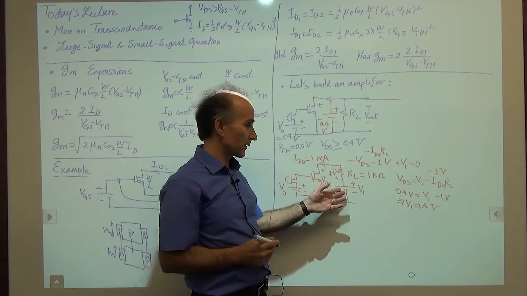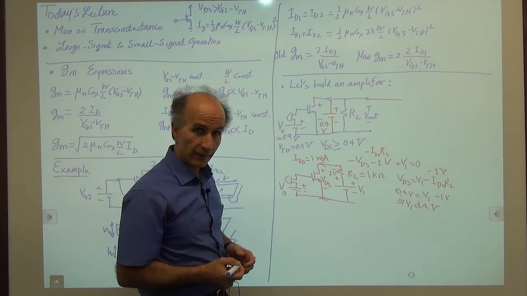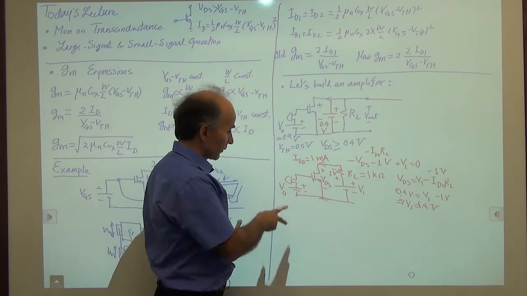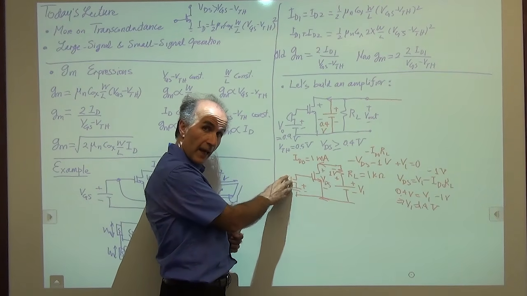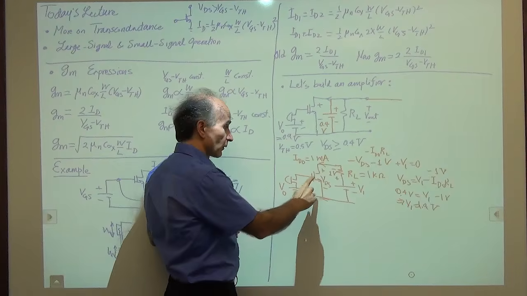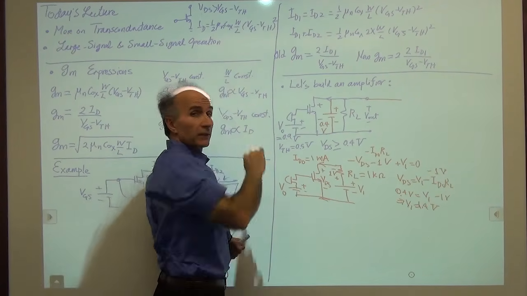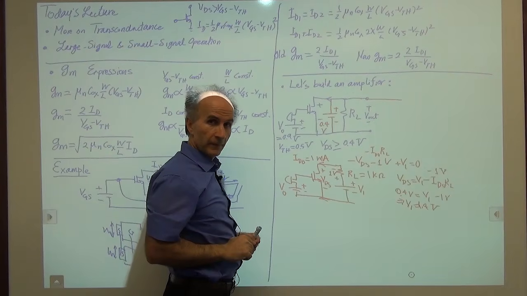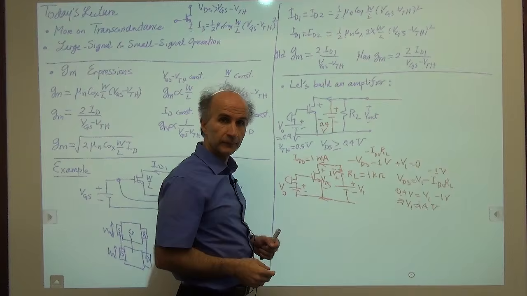All right, so this allows us to provide this proper biasing. So proper biasing of a MOSFET requires some sort of voltage between gate and source when there's no signal, and some sort of voltage between drain and source, so that this condition is satisfied, right, for saturation. That means that we need a battery here and we need a battery here.